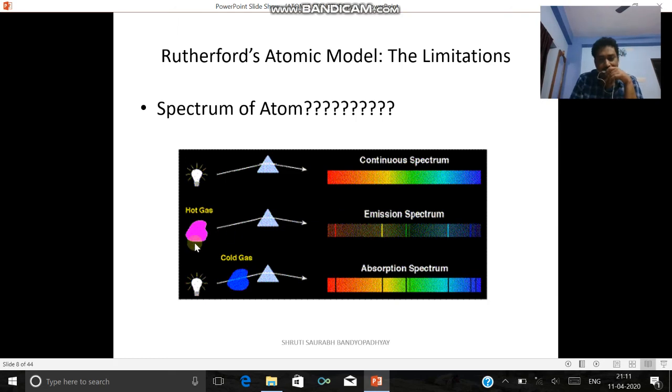Since gaseous elements are nothing but atoms of elements, we can think of them as a bunch of atoms, a colony of atoms. So those spectra are called atomic spectra. Now think about Rutherford's atom.